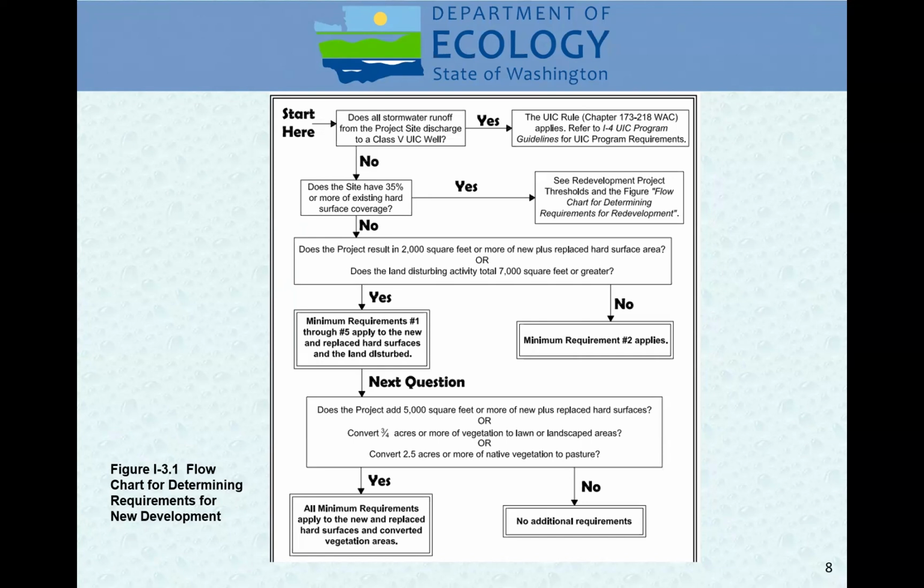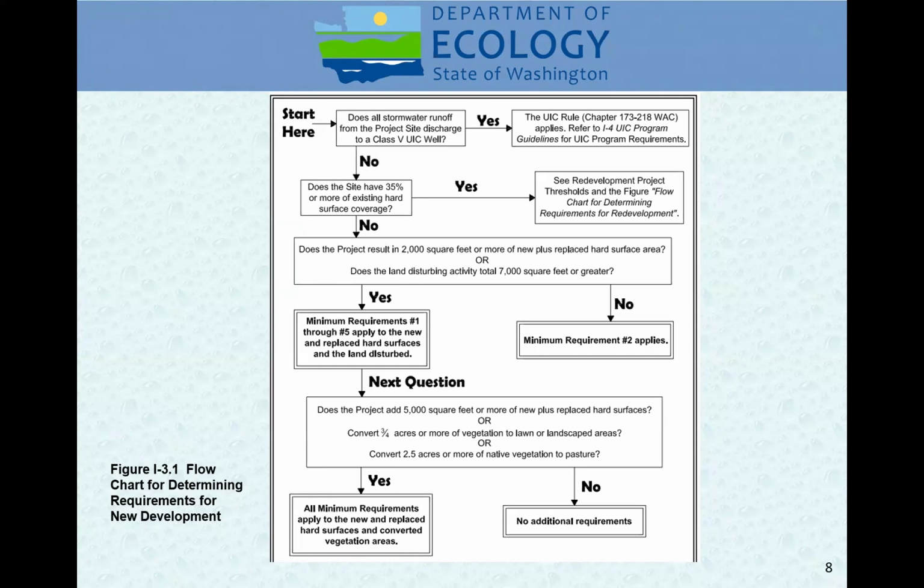The first question we're asking is, does all the runoff go to a class 5 UIC well? If all the runoff goes to the class 5 UIC well, or wells, plural, you are under the UIC rule. You go to the chapter in the manual describing the UIC rule. You follow the UIC rule.